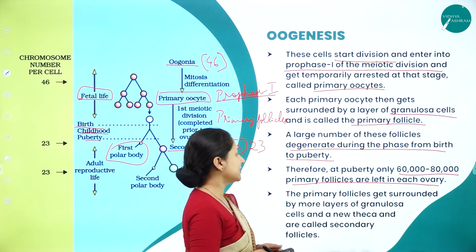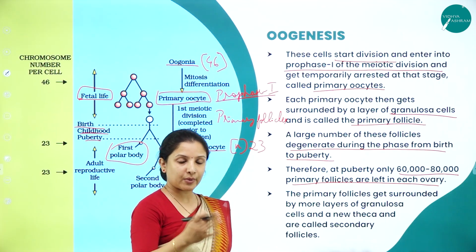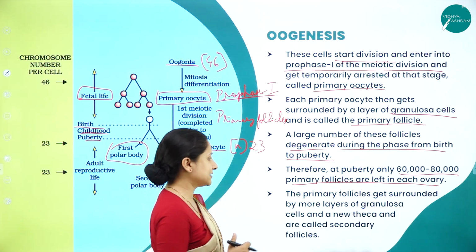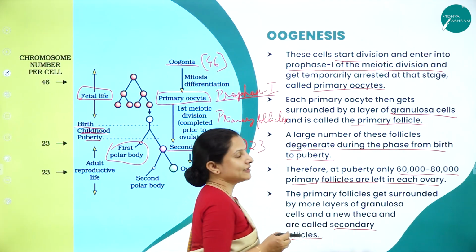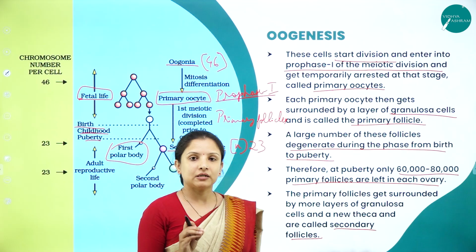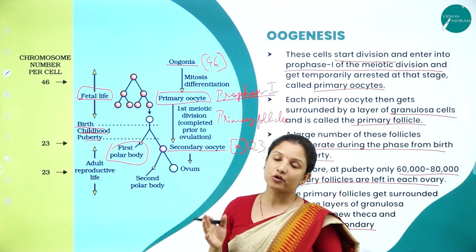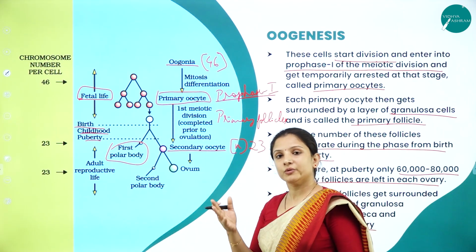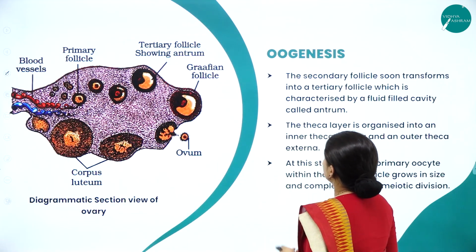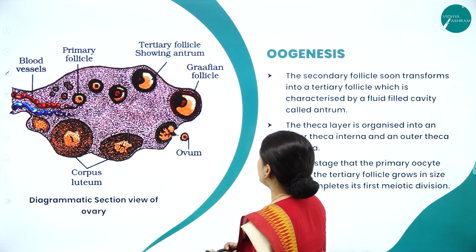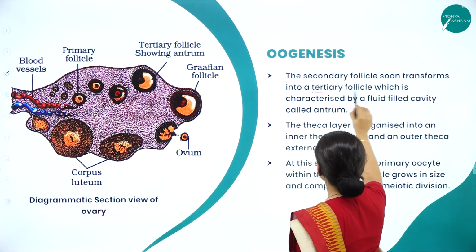The primary follicles again get surrounded by more layers of granulosa cells, and they will be called the secondary follicles. The secondary follicles contain only 23 chromosomes because they would have formed because of the meiotic division of the primary follicles. Soon the secondary follicle will get transformed into the tertiary follicle.